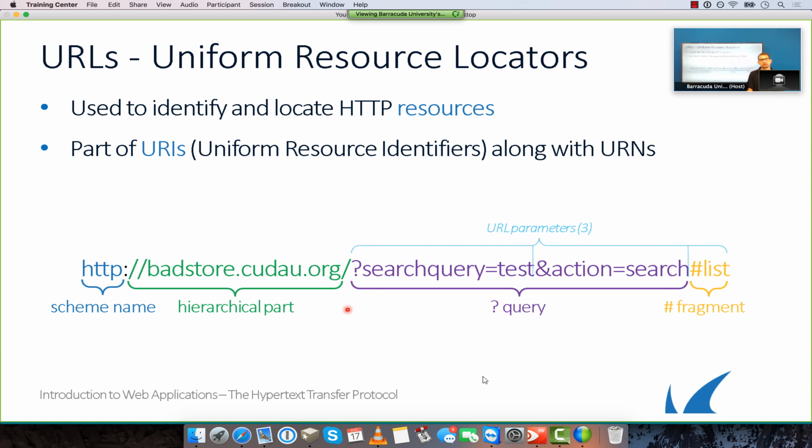Then we have a slash, and you might have a question mark with something equals something. Then you might have an ampersand or a semicolon, and then again something equals something, and then you can have a hash with another word. All these things that you see after the question mark are called URL parameters.